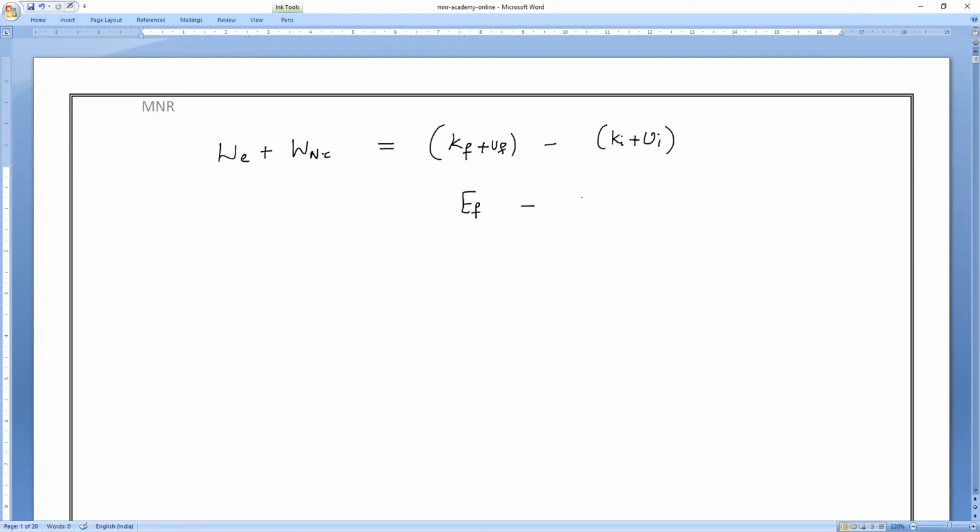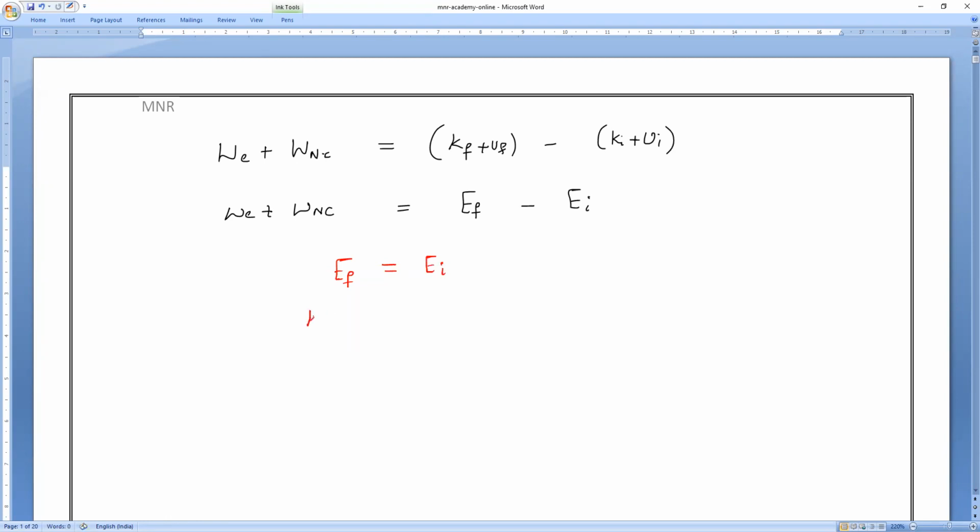Final mechanical energy minus initial mechanical energy is equal to work done by external force plus work done by non-conservative forces. If the given surfaces are smooth and there are no external forces, as in 80% of cases, then we can say that final mechanical energy is equal to initial mechanical energy.